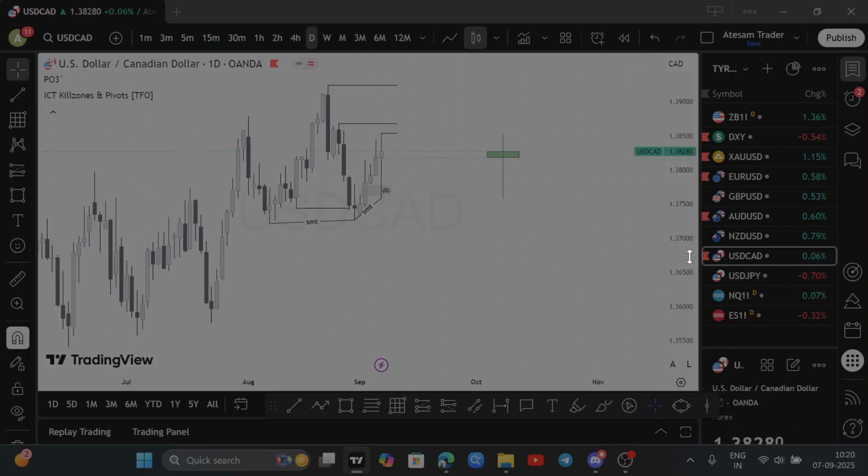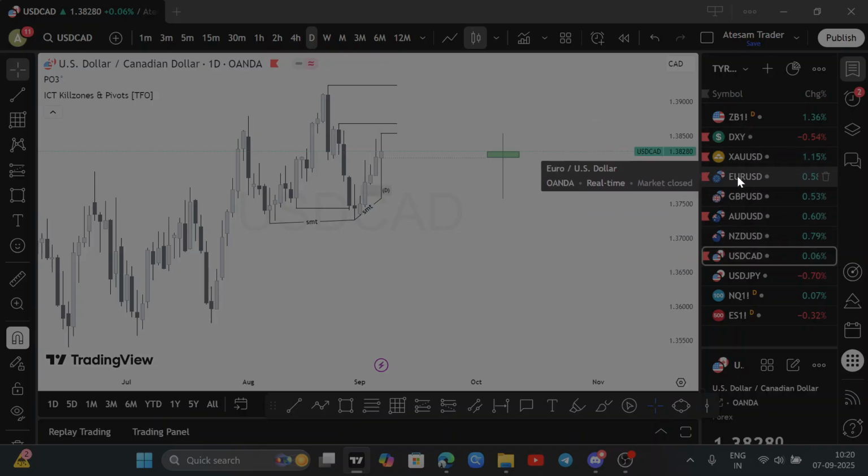USD CAD also, see, we cannot expect USD CAD to go buy and Euro USD also buy. This is inversely correlated. If Euro USD, GBP USD, AUD USD and NZD USD go up, then these pairs will consolidate or go down, because USD CAD is directly correlated with the dollar and euro is inversely correlated with the dollar.